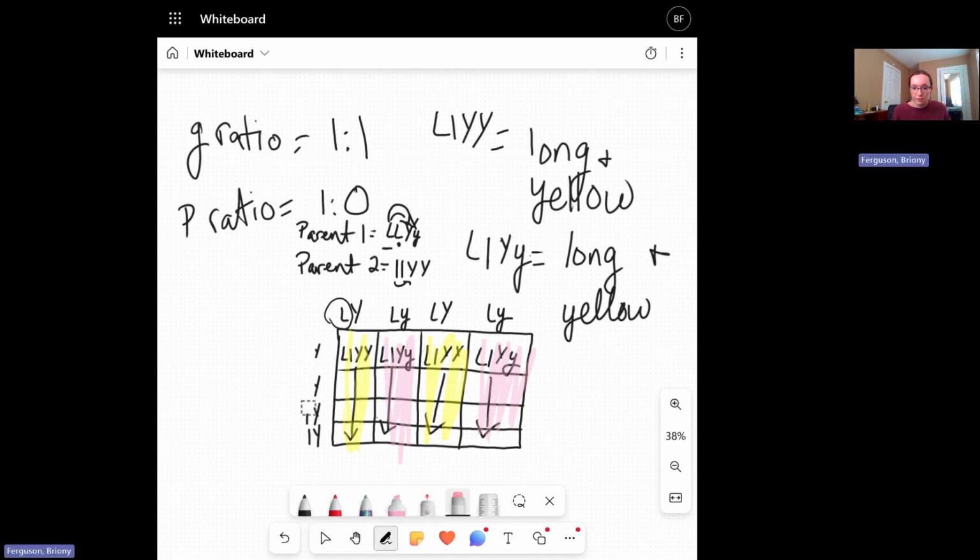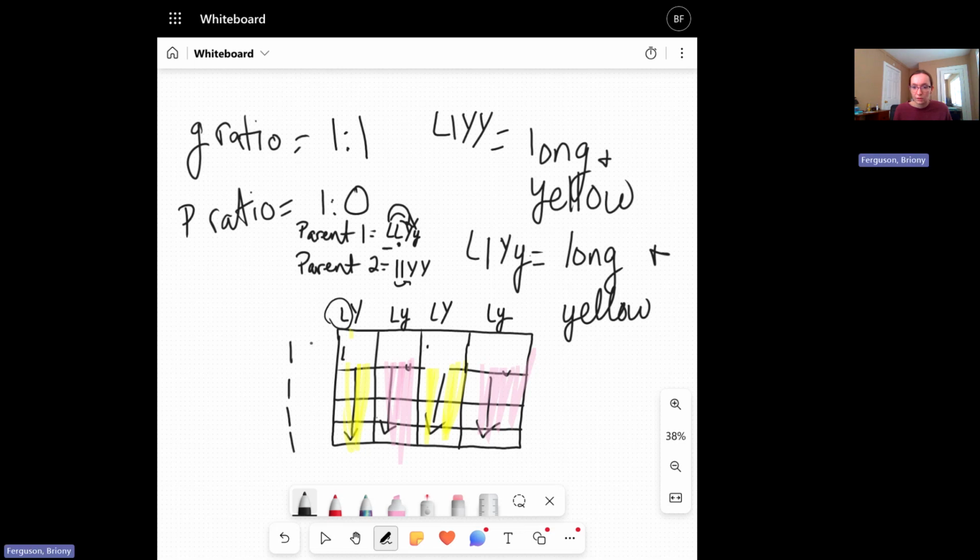Now, if we change the second parent to something else, let's say parent 2 is actually going to be homozygous recessive. So we're going to have all lowercase l's.